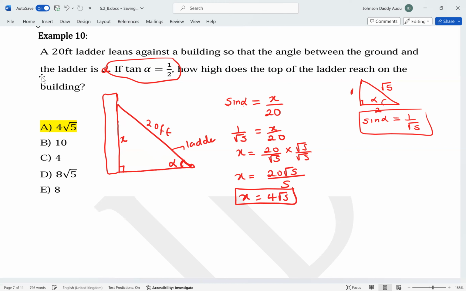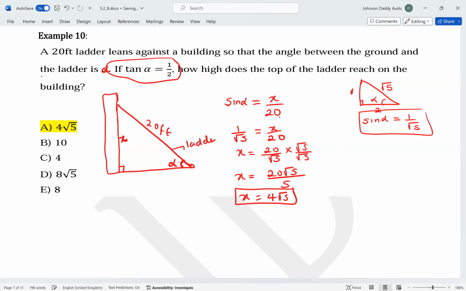Yes. So this is one way to solve it. What did I do? This is the information. We're looking for the height, how high the ladder goes, which is x. And we have the length of the ladder, which is 20 feet. Now from here, this is alpha, because alpha is the angle formed between the ladder and the ground. So sine alpha is going to be x over 20, right? But now you don't know what sine alpha is. So just use this information that you are given, form another small right angle triangle somewhere.